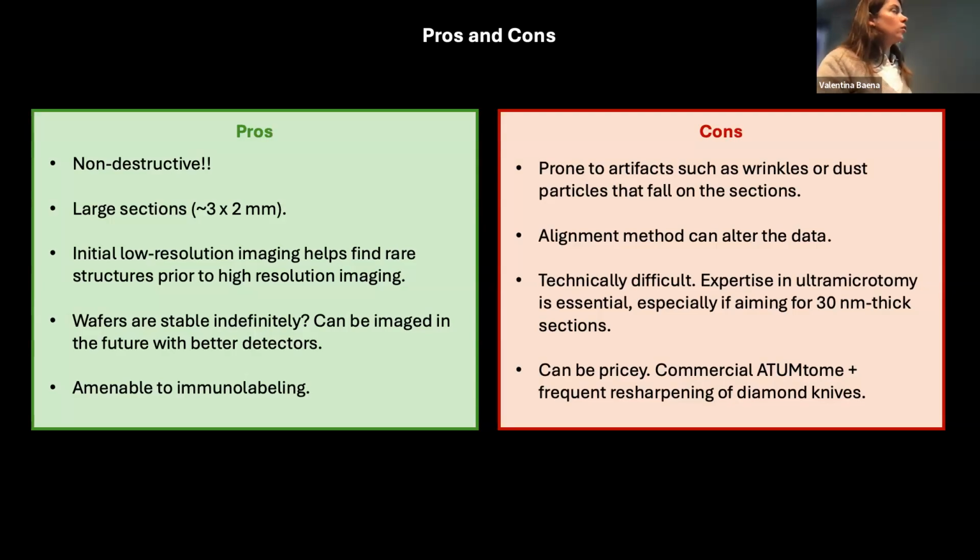It is technically difficult, and expertise in ultramicrotomy is essential, especially if aiming for those 30 nanometer thick sections, which, as I say, really significantly improve the data quality. And then lastly, it can be pricey, but I think all volume EM, all EM techniques can be pricey. In this case, it requires buying the commercial ATUMtome from RMC, which comes with the tape collector and the microtome itself. And then the frequent resharpening of diamond knives, depending on how much sectioning you're doing.